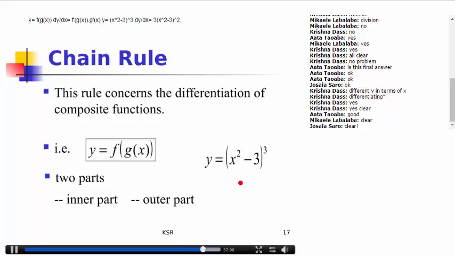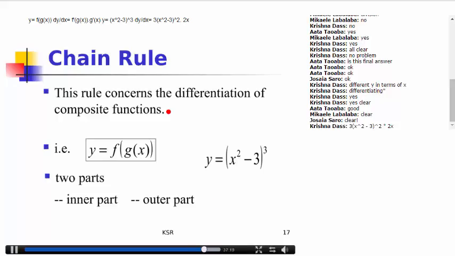Now I multiply that by the differential of the inner function. If I differentiate x squared minus 3, I should get 2x. That's your answer. Is this clear how I solved?